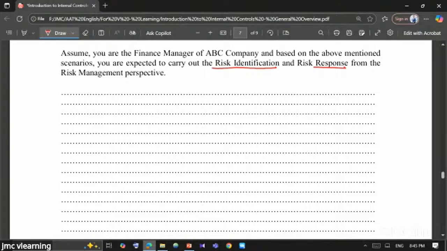Identification is one aspect, no, so we'll say risk assessment. And you basically want to have the risk response as well. Right, so when you look at it from the broader perspective, risk assessment basically has three elements. Number one, risk identification. So we'll do the risk identification first.